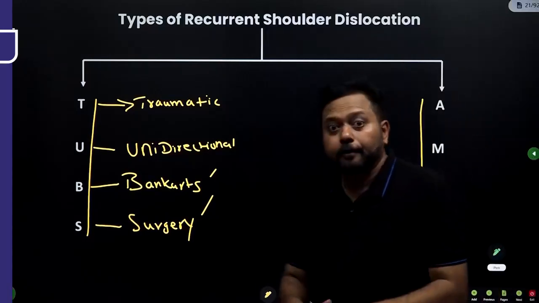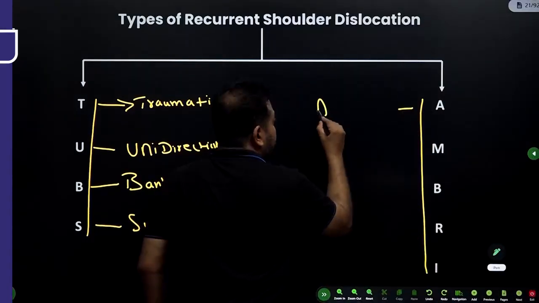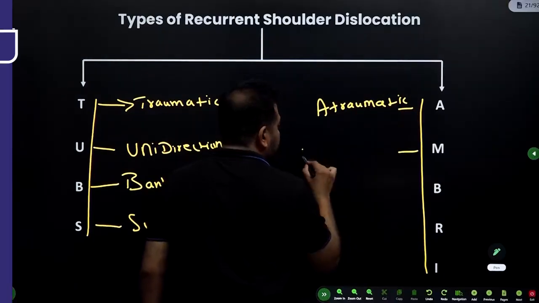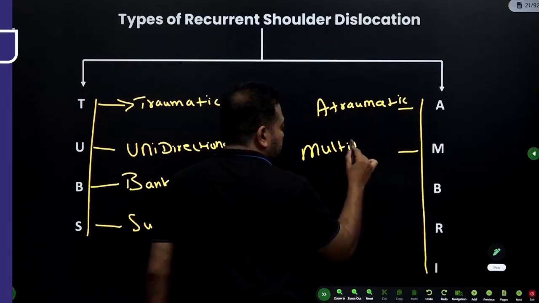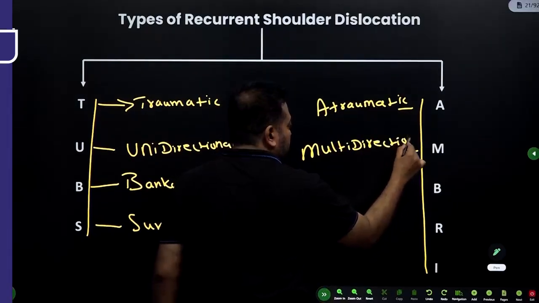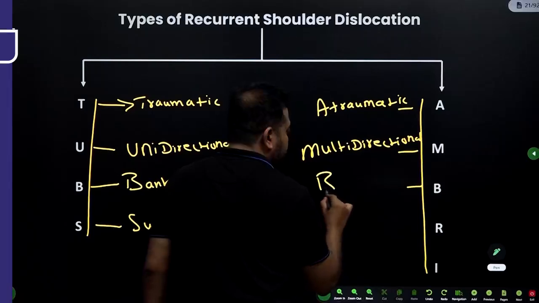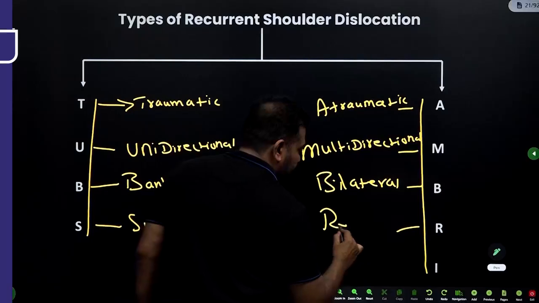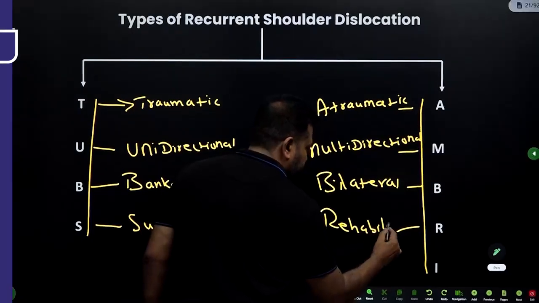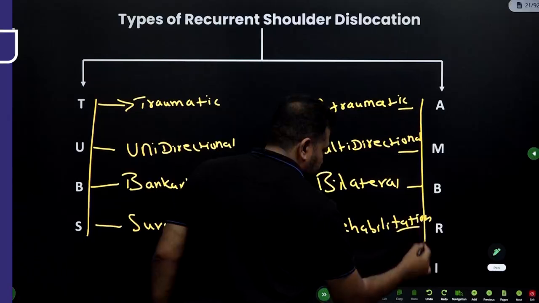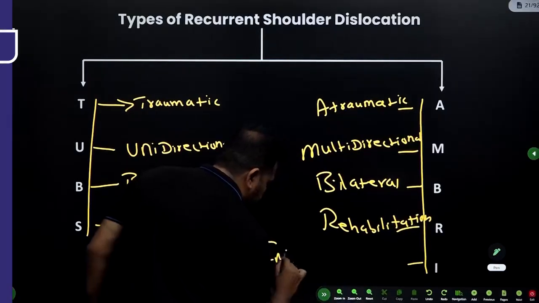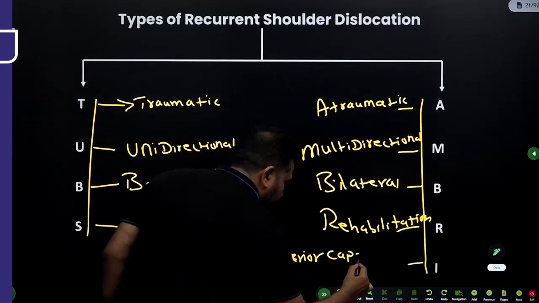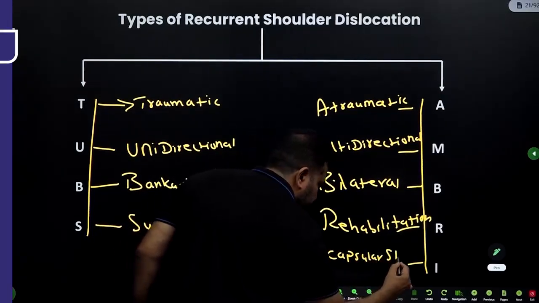Okay. If the cause is atraumatic, AMBRI type, atraumatic, multidirectional, bilateral, here this doesn't stand for Bankart's, bilateral, rehabilitation, inferior capsular shift.